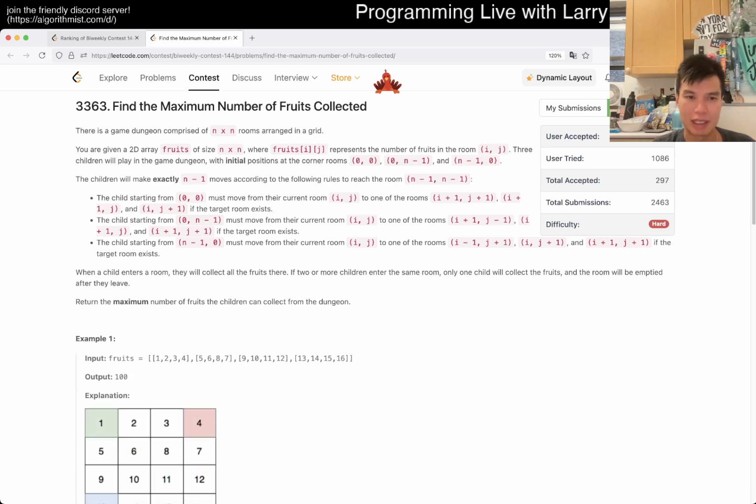So the invariant is that they have to reach the room at the same time, right? So what are the indexes? For example, this one. Okay, so there's moves. Moves determine 2 of these things, but there's still 1,000 of them, right? So then it's going to be 1,000 times 1,000 times 1,000 if not careful.